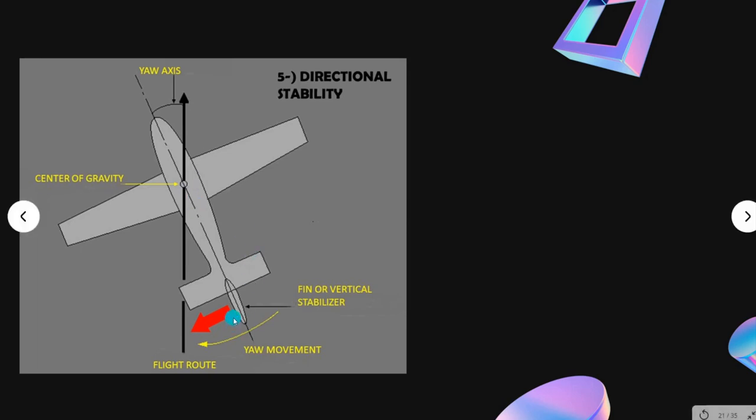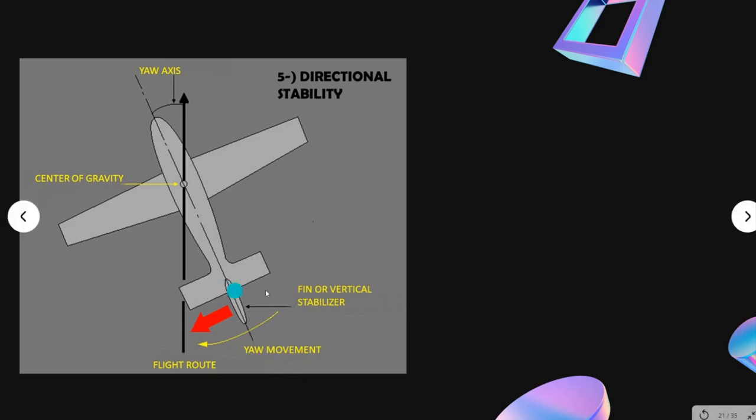So this clockwise moment can be generated with the help of the vertical stabilizer. You can see here that the vertical stabilizer is also in the shape of an airfoil, so it can also produce a lift force. But as the vertical stabilizer is in the vertical plane, it produces a sidewise force. So it is not called lift, rather it is a sidewise force.